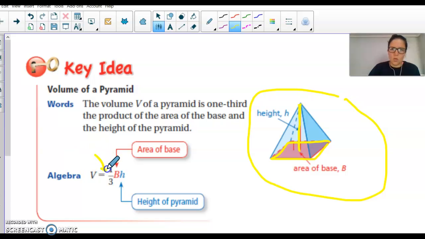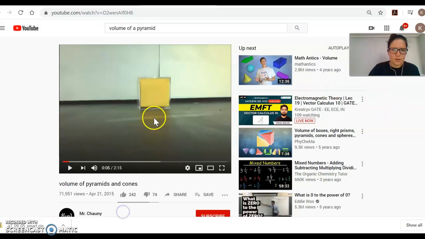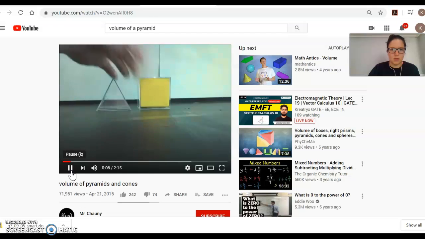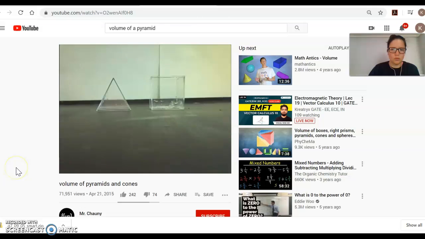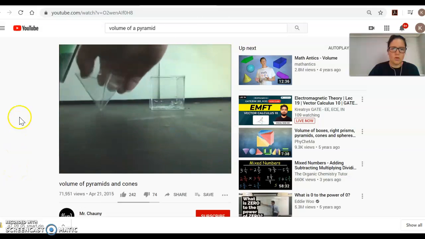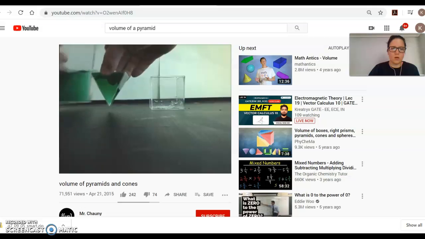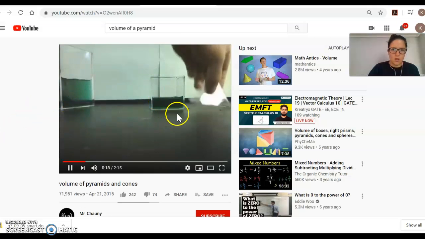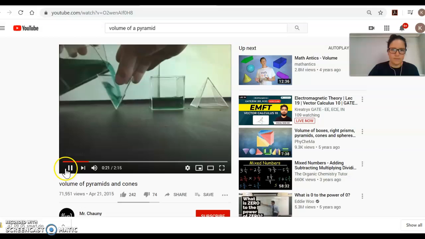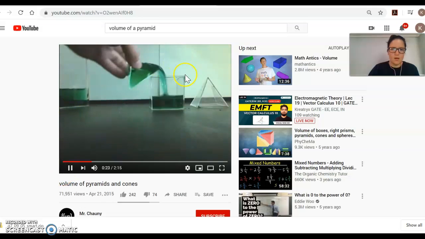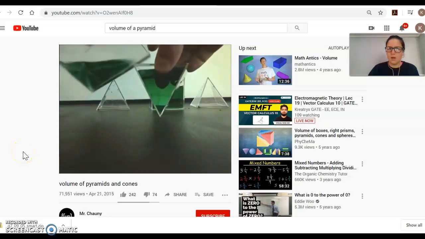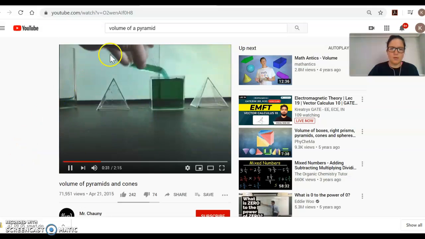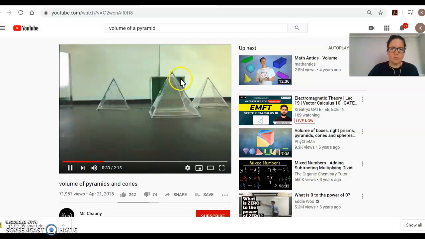So where do we get the 1/3 from? If you watch this video, alright, let's take a second to watch it. So what they're going to do is fill up this pyramid with colored water so you can see it, and then see how they filled it up 1 time, fill up 2 times, and then filled up 3 times, and it fills up the whole entire cube.